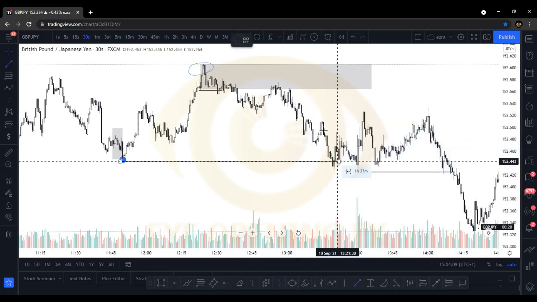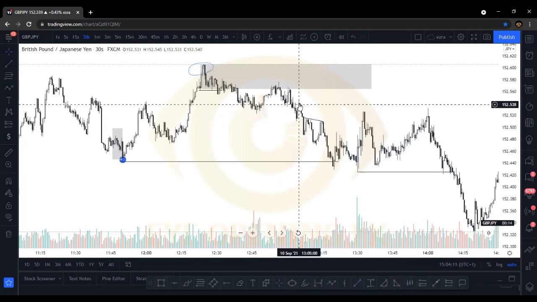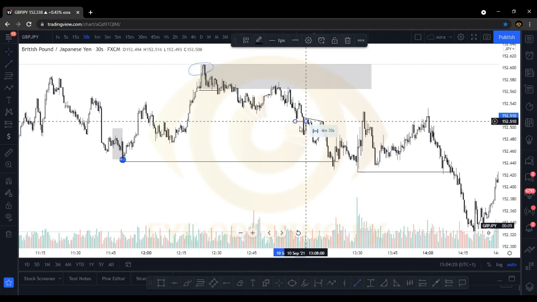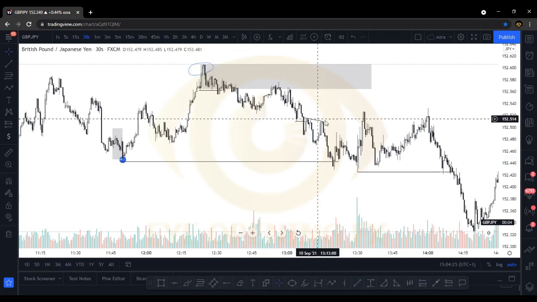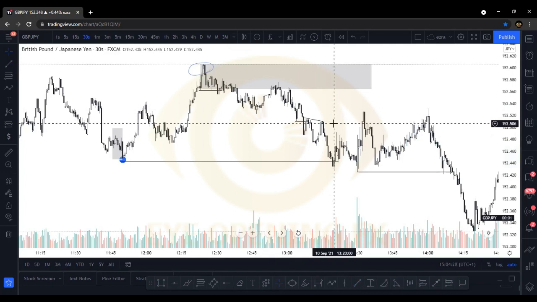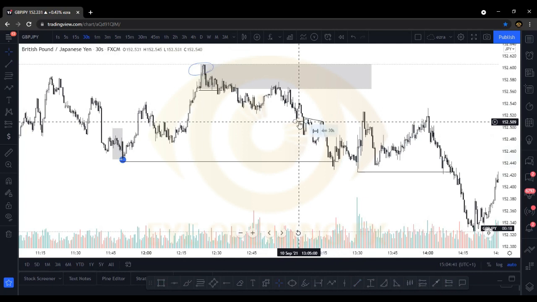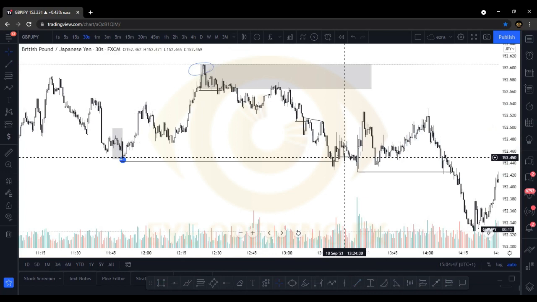Now this and this, because they did not mitigate this former zone well, especially when market use support on resistance, those are what we call unmitigated, or it creates imbalance. Those are what we call unmitigated. When it creates imbalance, or when it creates support on resistance, it uses support on resistance. Those are what we call unmitigated areas.